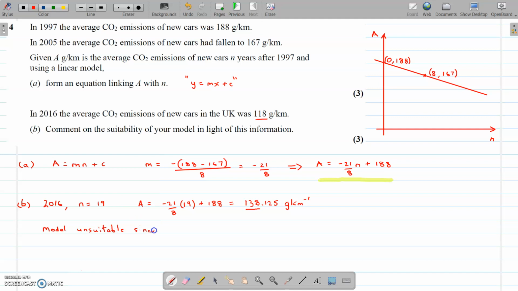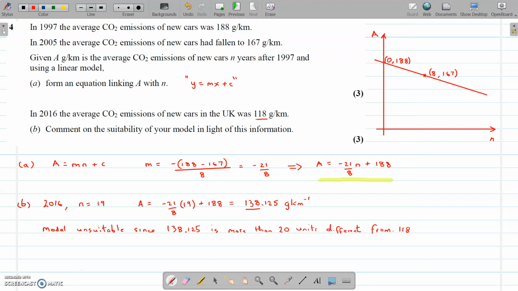Since, well, obviously 138 is bigger than 118, but you need to say how much, a sort of comparison really, since 138.125 is more than 20 units different from 118.